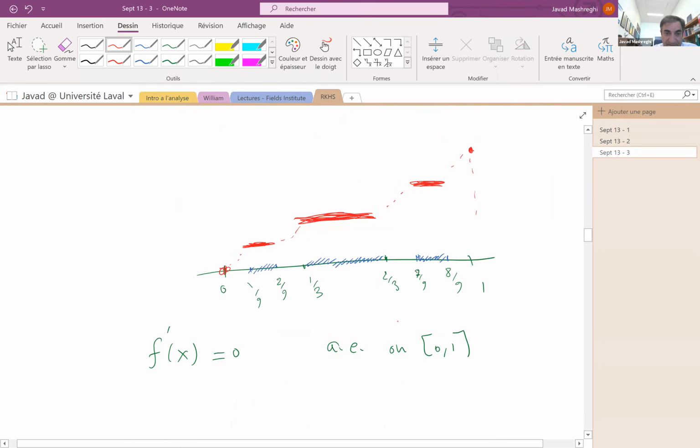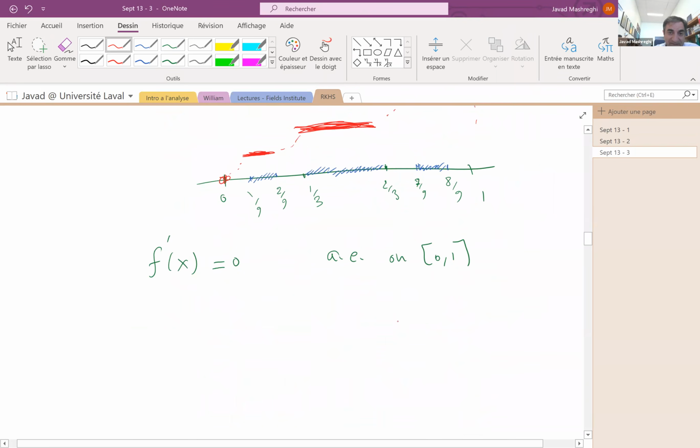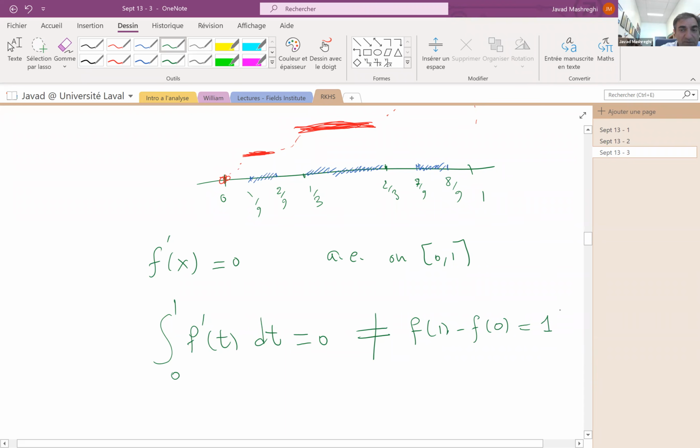And so you see that for this function, the integral from 0 to 1 of f prime of t dt is equal to 0, and it's not equal to f of 1 minus f of 0, which is 1.